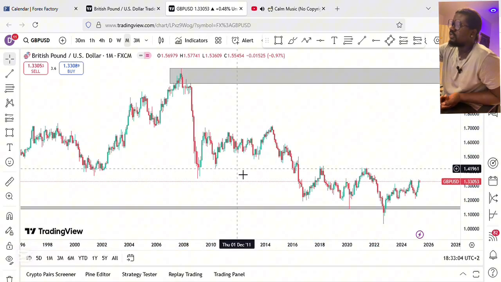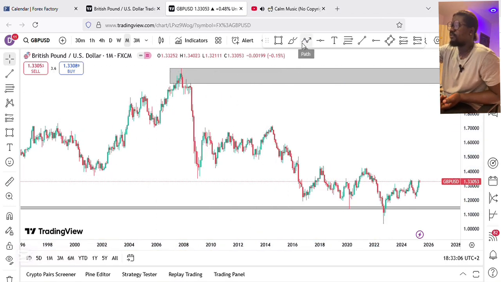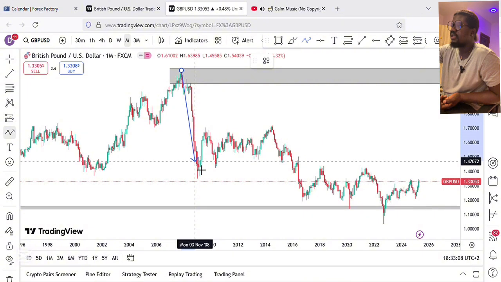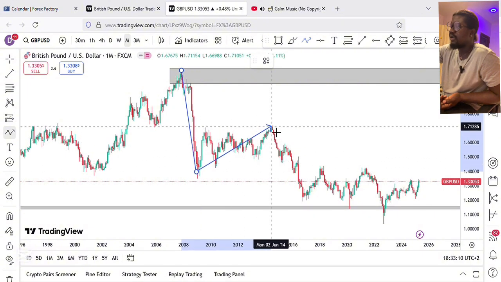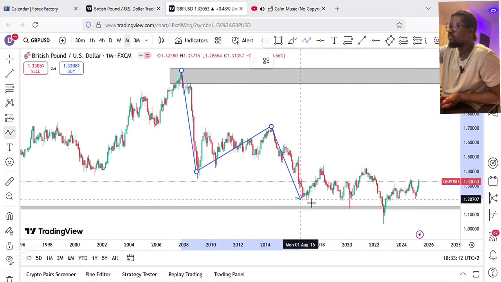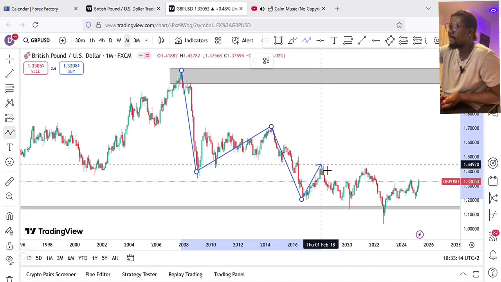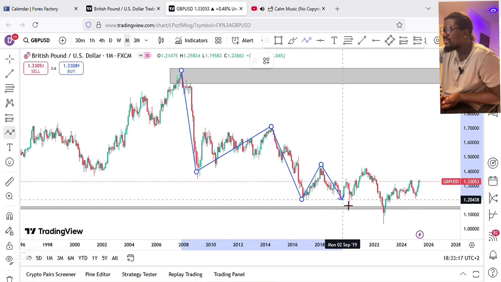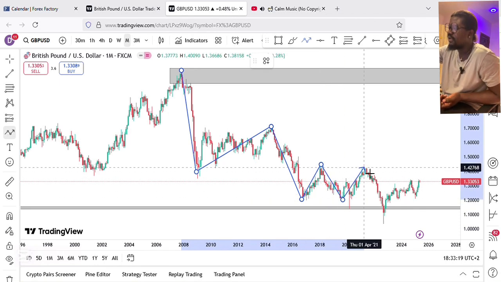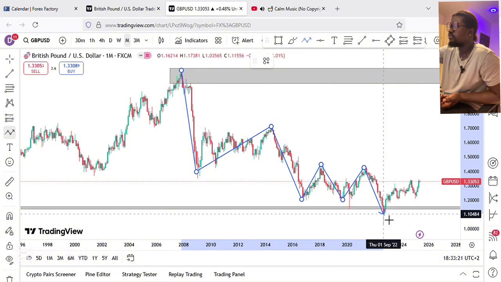Okay, so I want to analyze down here right now. So take a path: high, low, lower high, lower low, lower high, higher low, okay, lower high, then lower low, then possible, okay, let's just leave it here.